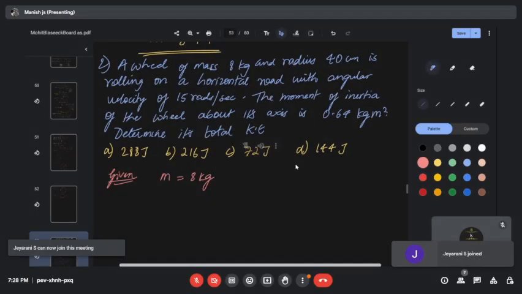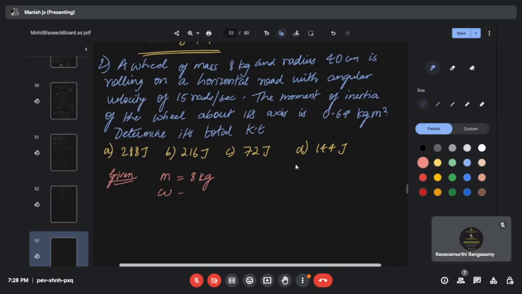We discussed this in the last lecture, yesterday. It is represented using the symbol omega. So omega is 15 radians per second. And moment of inertia is given by the symbol I. So I is 0.64 kilograms meter square. Okay, so this is the given data in the question.